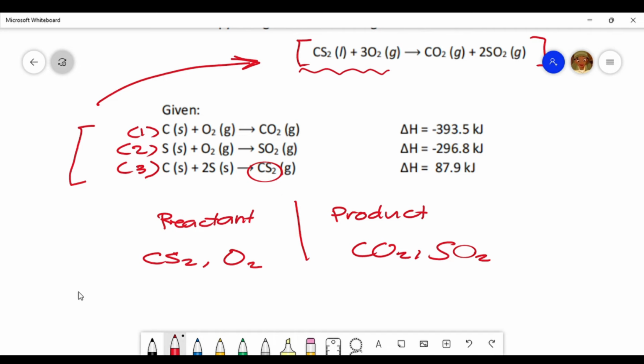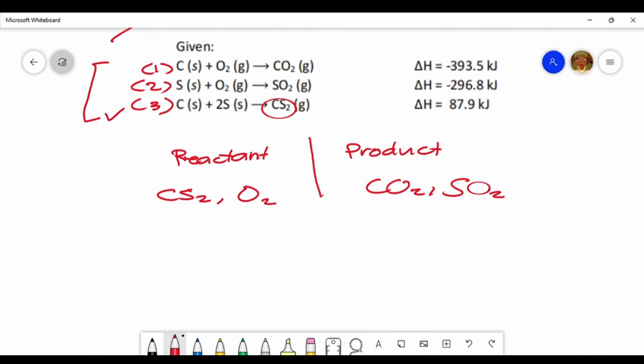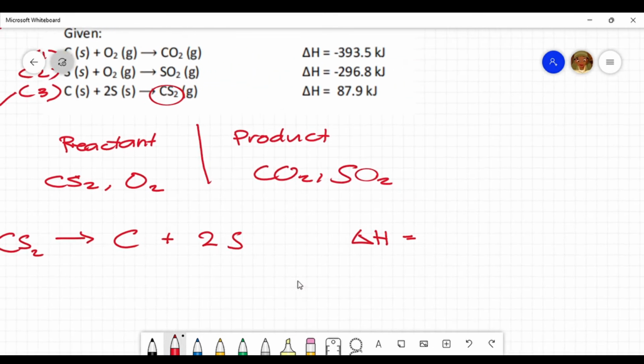The CS2 is in equation 3 and it's on the product side. So we rewrite equation 3 as CS2 going to C plus 2S, and don't forget the enthalpy change on the right side. Since we transpose this from product to reactant, we also multiply the enthalpy change by negative.